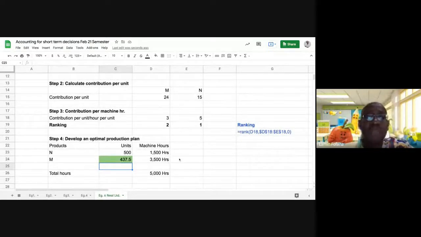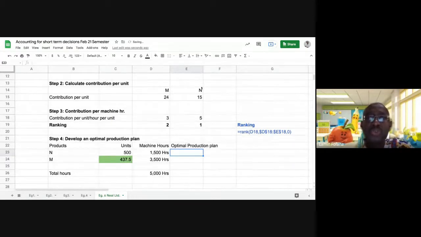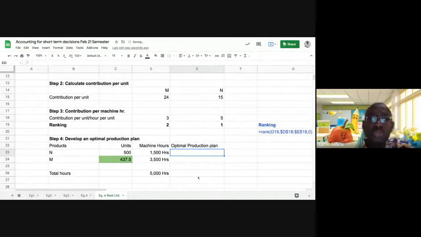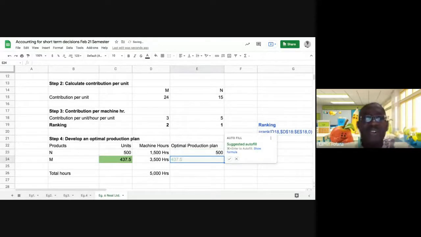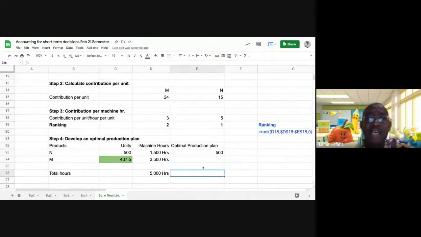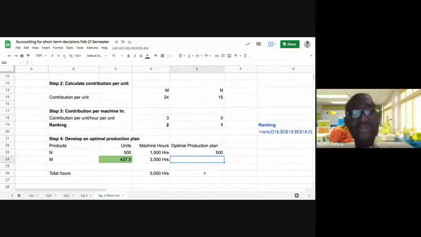So yes. Our optimal production plan, I'll write it here. Our optimal production plan will be to produce 500 units of N, and how many units of M?